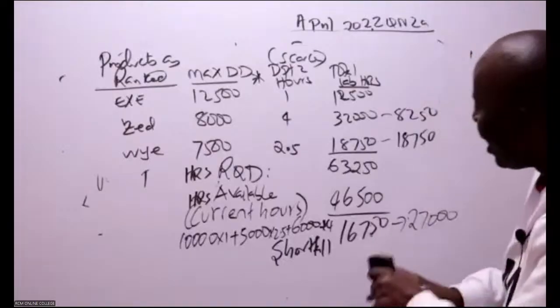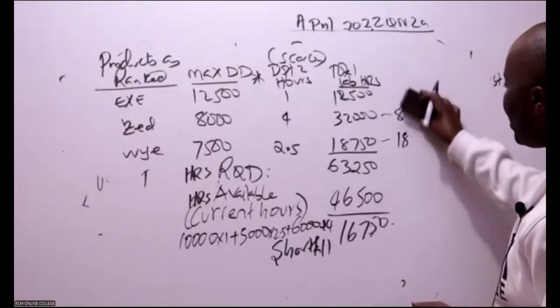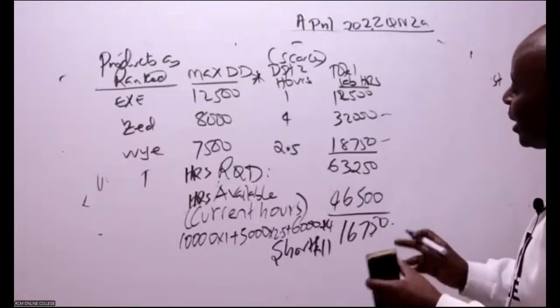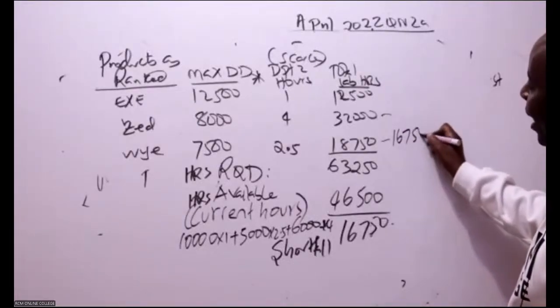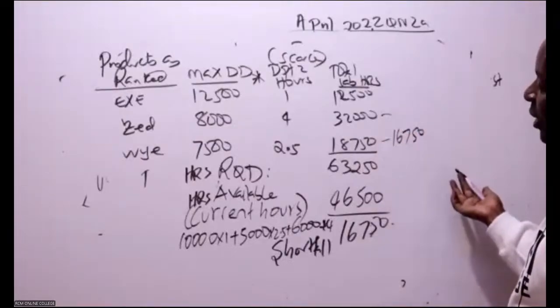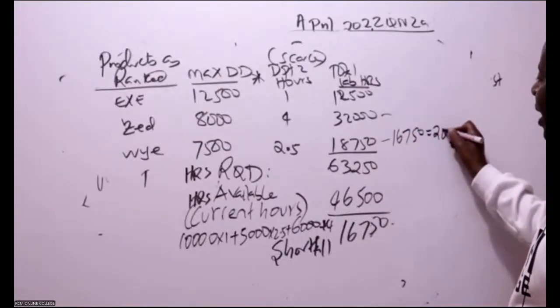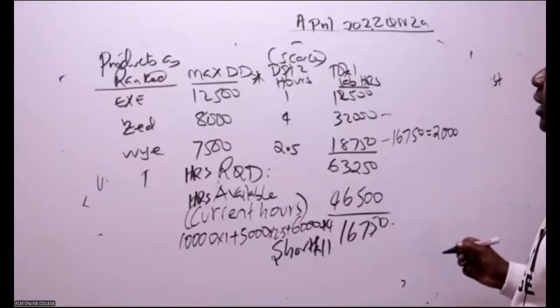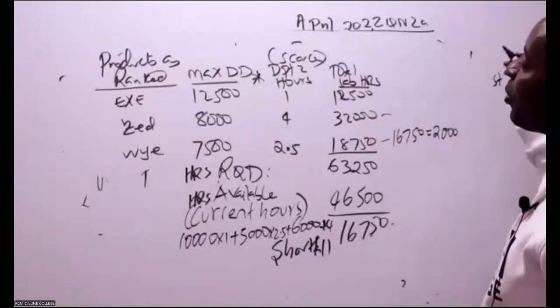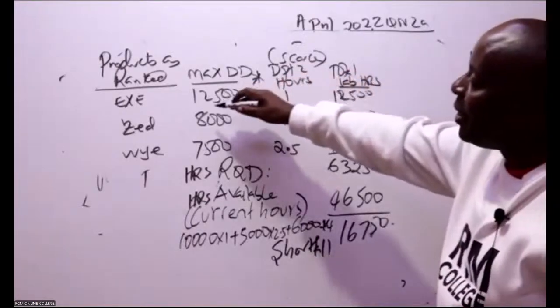Fortunately, here we have a shortfall of 16,750, and all of it can be covered by the last ranked product. And actually, I'll be able to have some left, like that, 2,000. So it means that for X, I will produce the maximum demand.